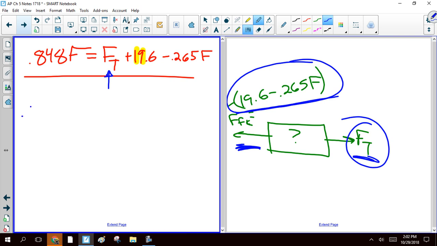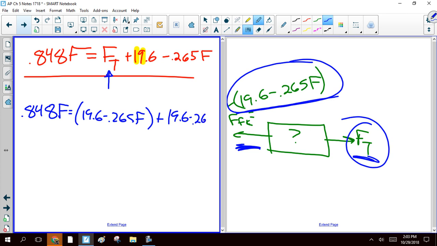So here we go. We get 0.848F equals 19.6 minus 0.265F plus 19.6 minus 0.265F. And so 0.848F equals 39.2 minus 0.53F.